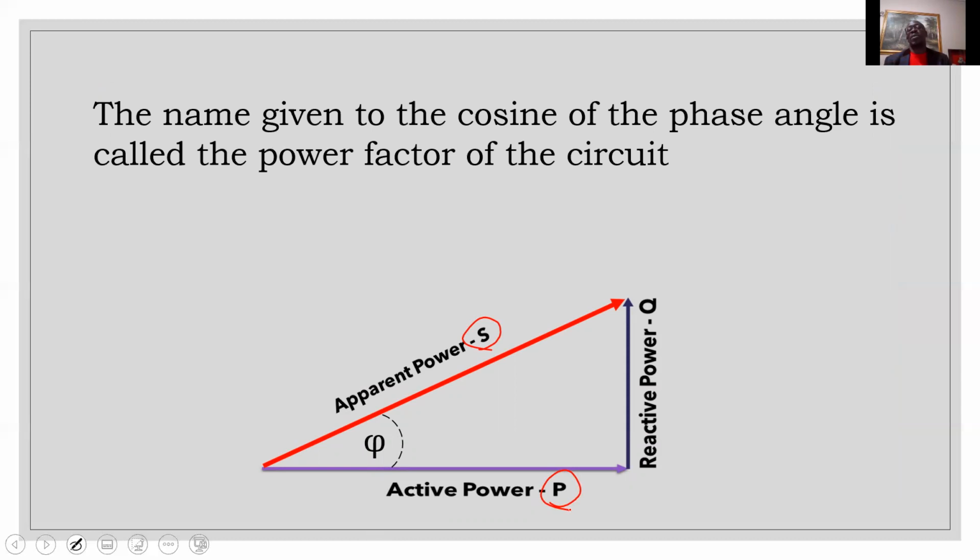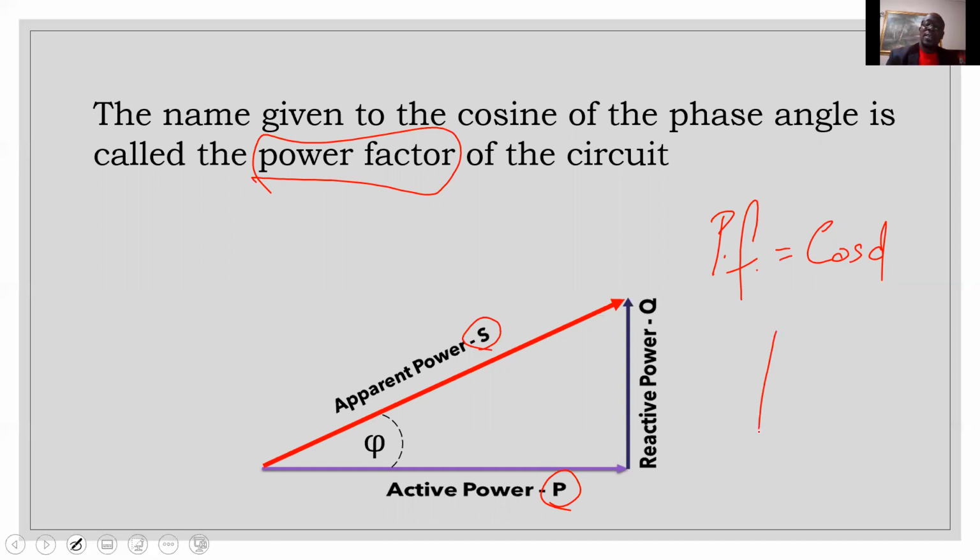And the name given to the cosine of the angle is the power factor. So the power factor is given by cos phi. Now, what we know about the cosine of an angle is that as the angle increases in magnitude, the cosine of the angle gets smaller.